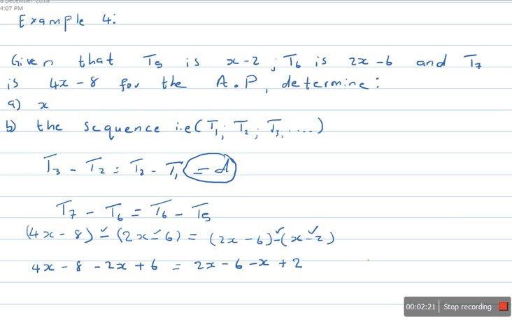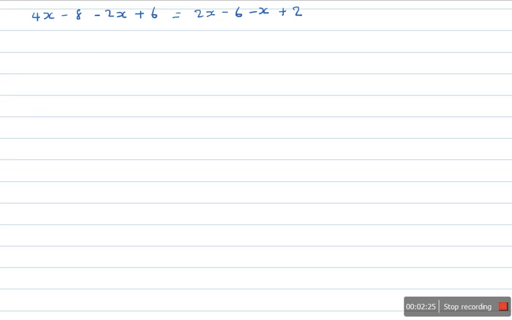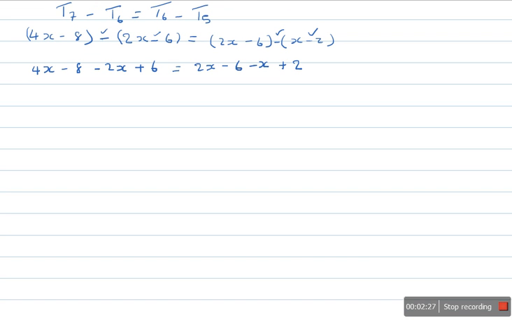Right? So at this stage what we have to do is to transpose. Yes, we just need to transpose to the other side. So what we're going to do is we'll simply add these on this side, these on this side before we transpose. So la no 4x kanye no minus 2x okuzosinika u-2x, right?